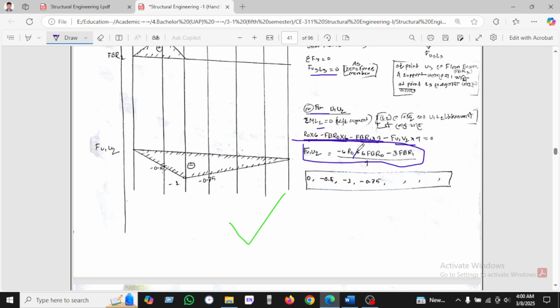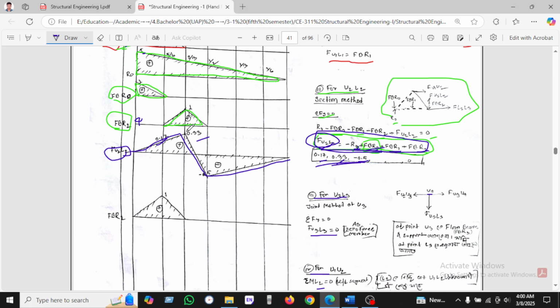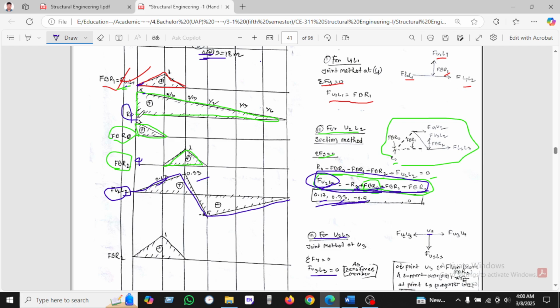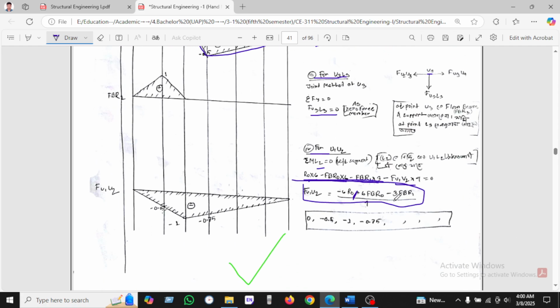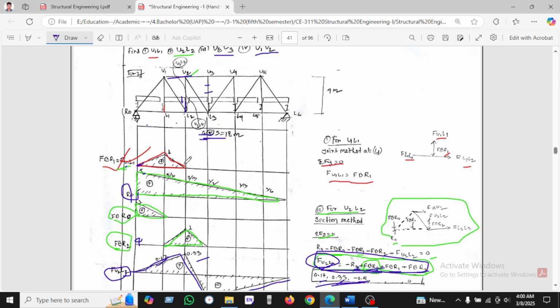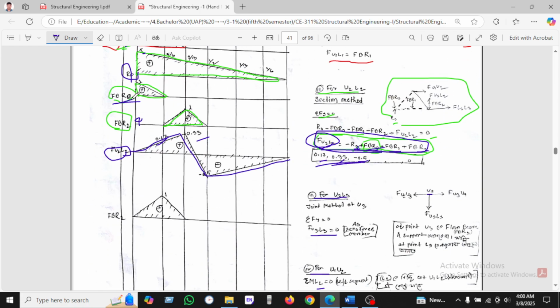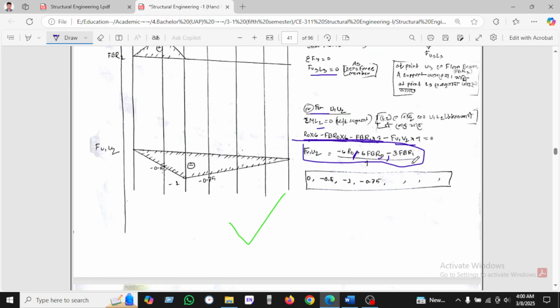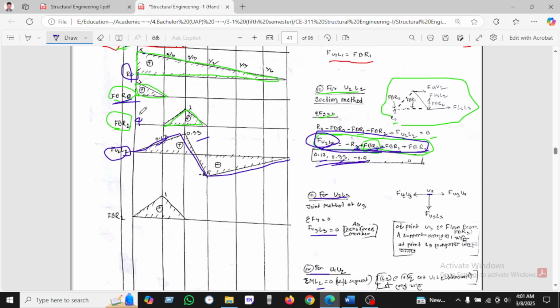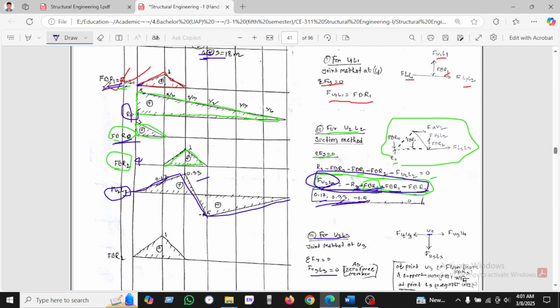So we have to draw R naught, as we have already drawn here the R naught. And second one, we have to do floor beam R naught. The floor beam R naught is already drawn, so we don't need it. And the third one is floor beam R1. Here the floor beam R1 is already drawn.